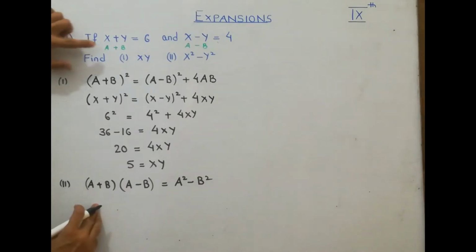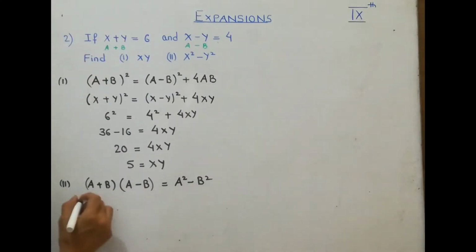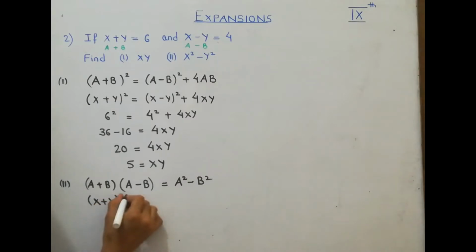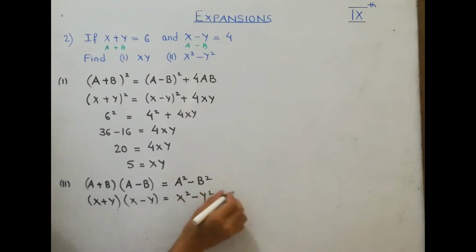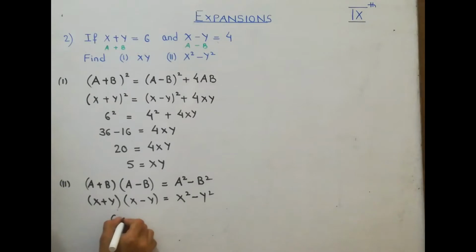And now we know that our a is x and b is y. So let's replace it. Now x plus y is 6 and x minus y is 4.